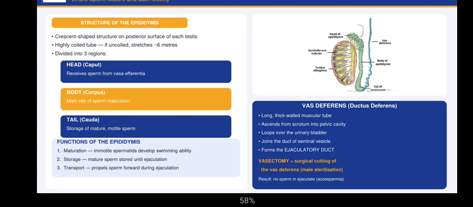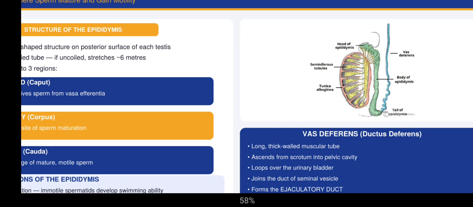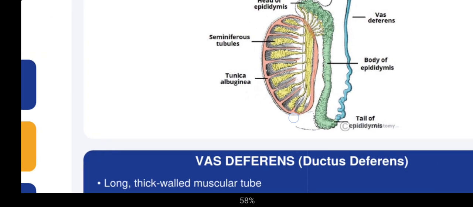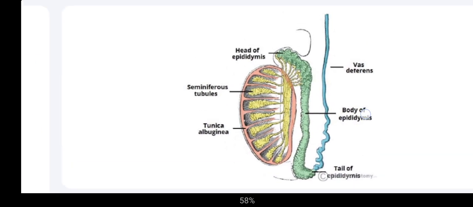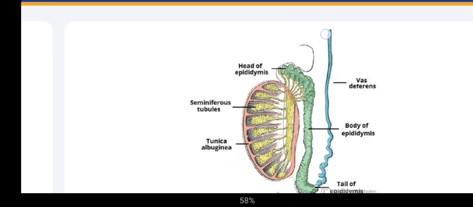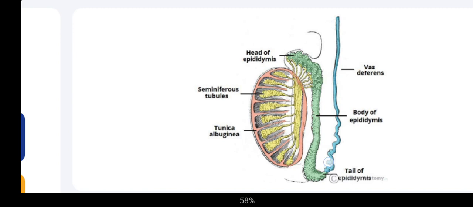Now, for the vas deferens, also called the ductus deferens, you can see it's a thick-walled muscular tube. Let me zoom in again so you can see that clearly. That's the vas deferens right there, that long tube, starting from around here to this part.